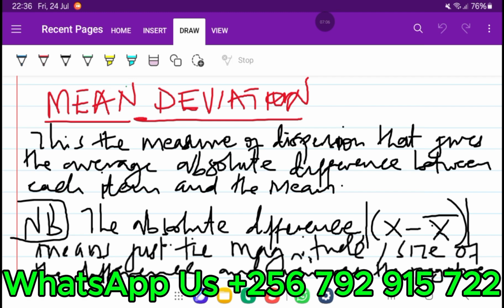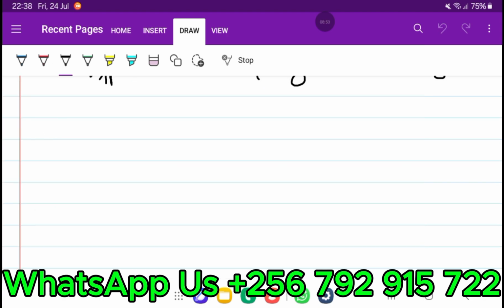So I want us to look at the formula that we can use so that we can get the mean deviation. Other people call it mean deviation, others call it mean absolute difference. Whichever the case, it ignores the negative sign.